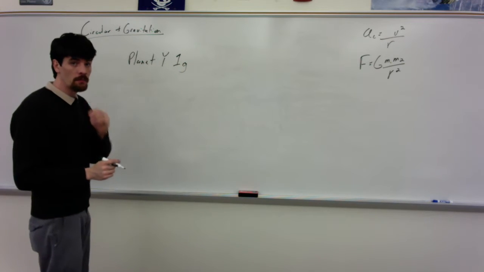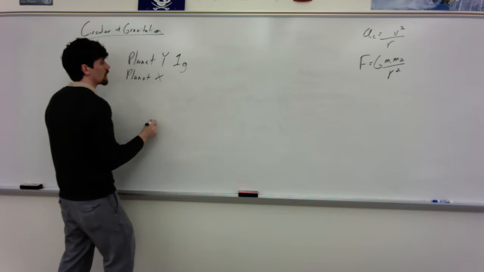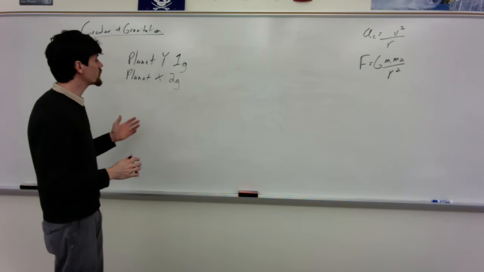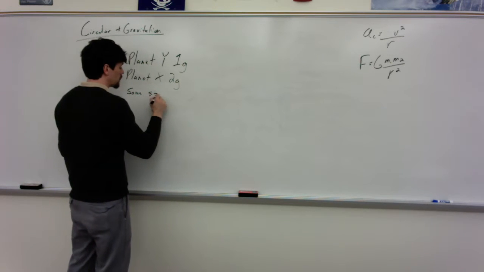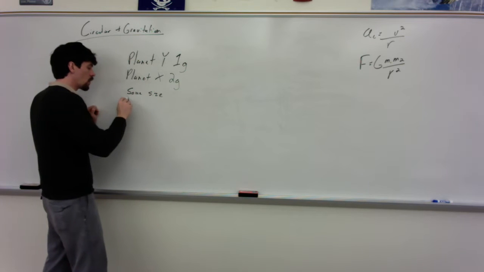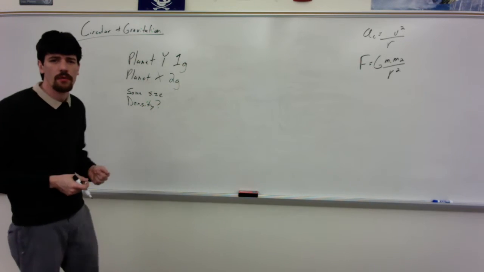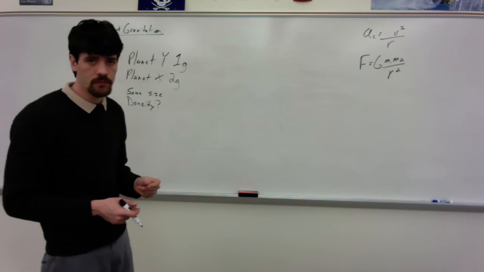And we say planet 2, or planet X, experiences 2g. Okay? If we're saying they have the same size, compare the density. Or there's some type of phrasing of this question. Okay?